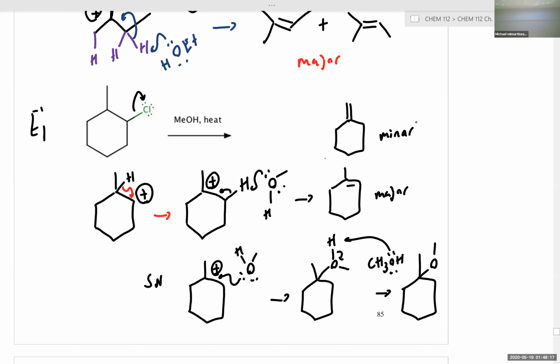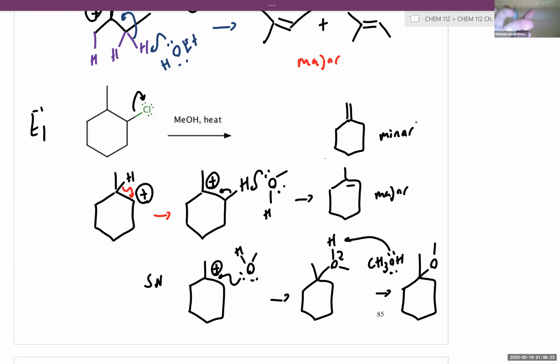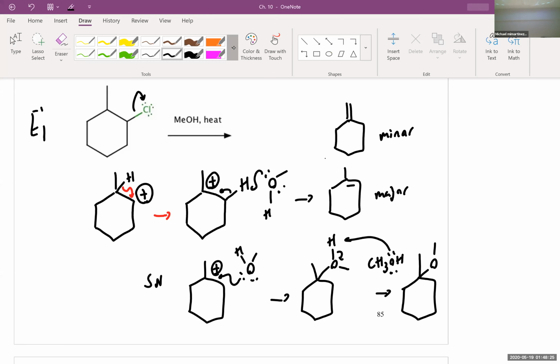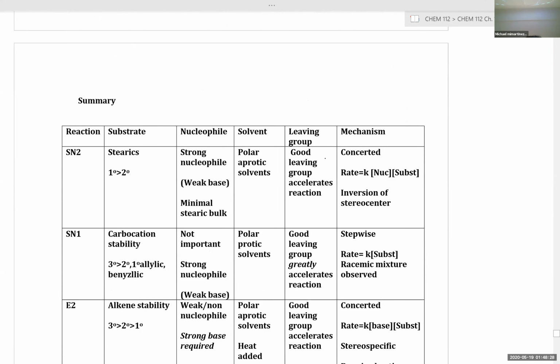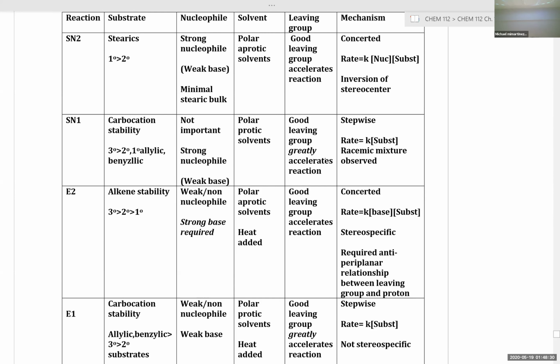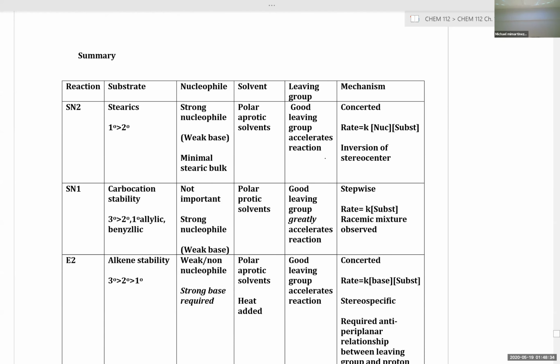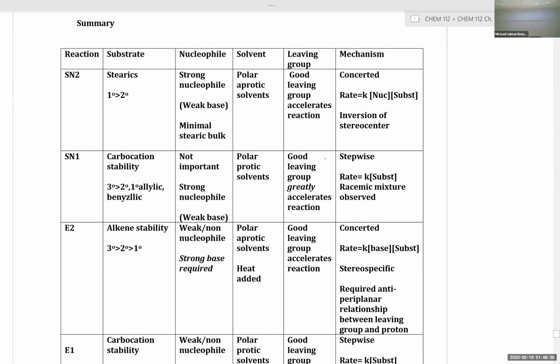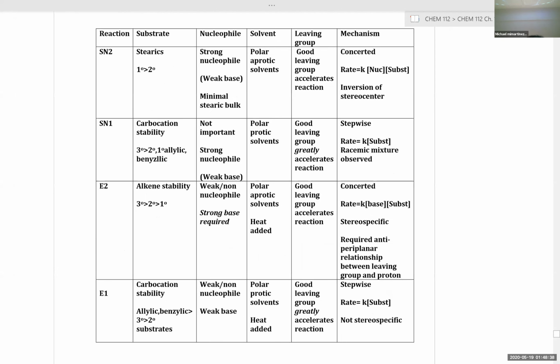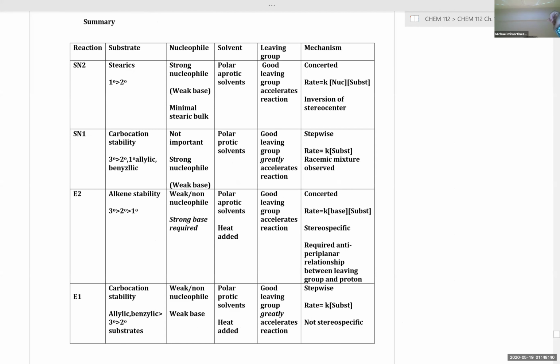Does this make sense to everyone so far? Everyone comfortable with this idea? Okay, let's keep going now. Here's a summary table. I'm not going to read every single aspect of this table, but I want you to have this as it essentially summarizes every aspect of the SN1, SN2, E1, and E2 reactions.